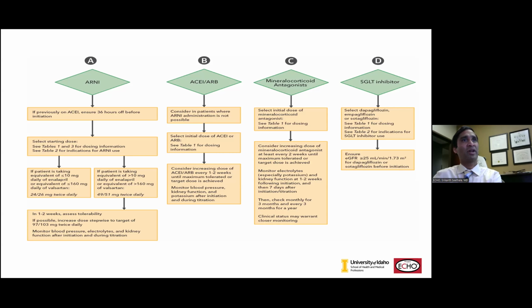And MRA is a great drug of choice for triple therapy, and SGLT2 inhibitors make it quadruple therapy. And we need to be careful with SGLT2 inhibitors to have a GFR, particularly with dapagliflozin and sotagliflozin, GFR greater than 25. Next slide.